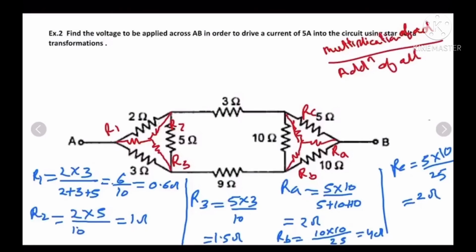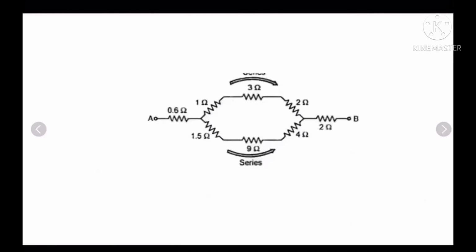So we have calculated both stars. Now we will replace both deltas by stars. After replacing the deltas by stars, we will get this circuit.